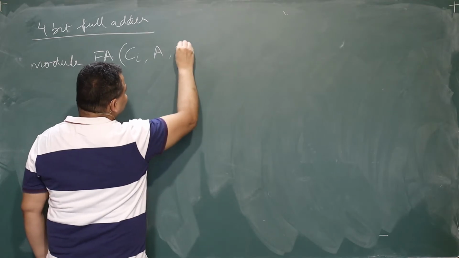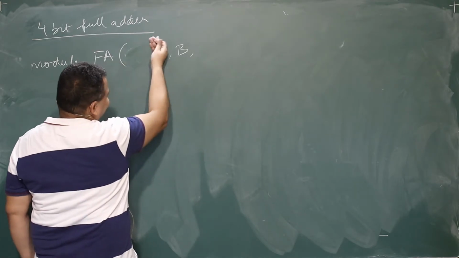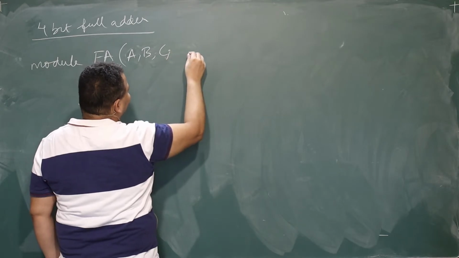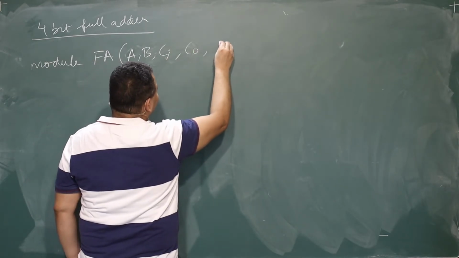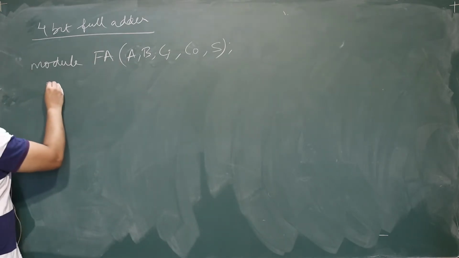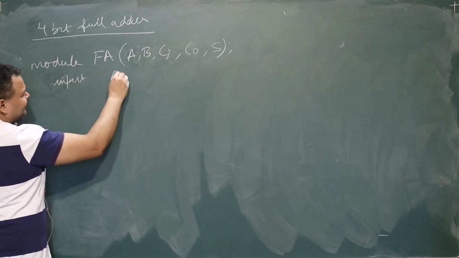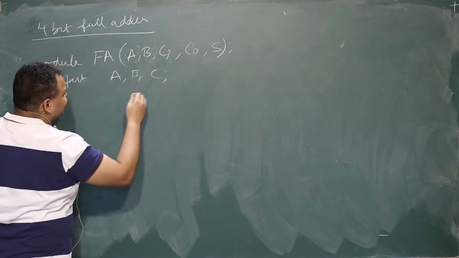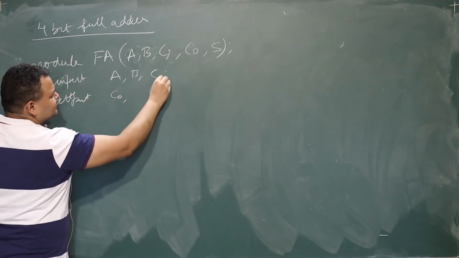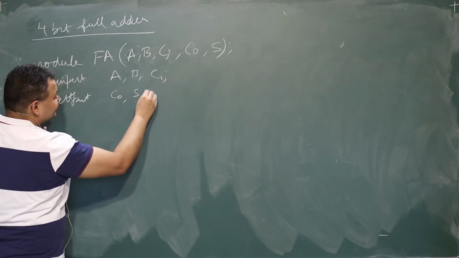Let me call it A, B, CI, and C out, and S. Okay, so your input is A, B, CI. Output is CO and S.